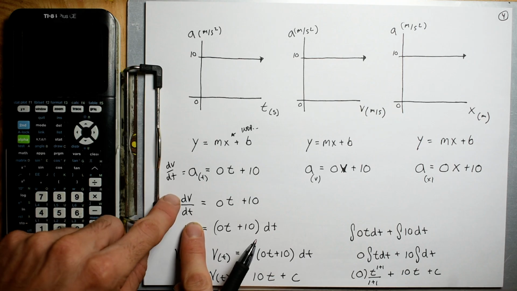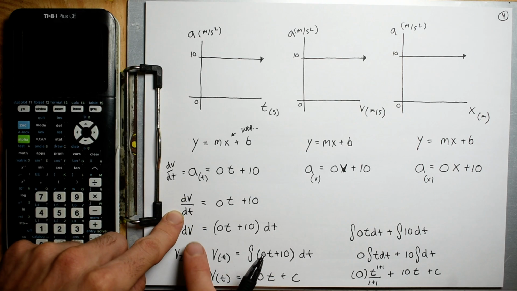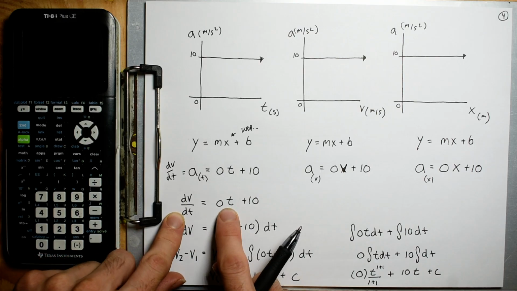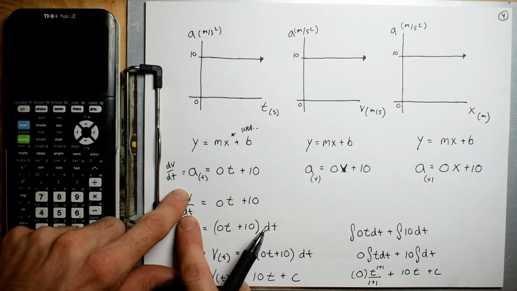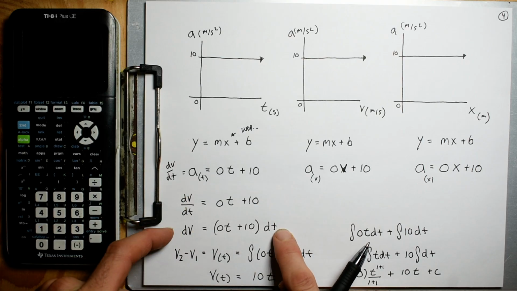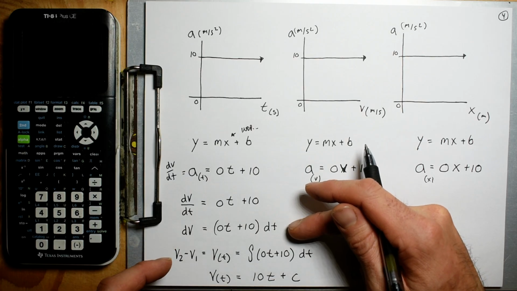So we have change in velocity with respect to change in time, and that's going to be 0t plus 10. It's going to be a constant. I can separate variables, get the dt over there, and I got a dv right here. I think this is the correct way to do it.